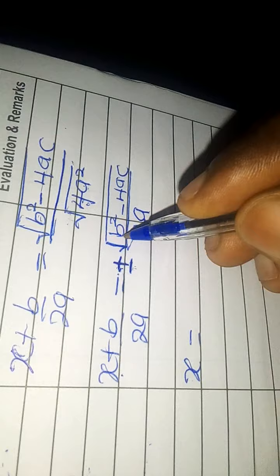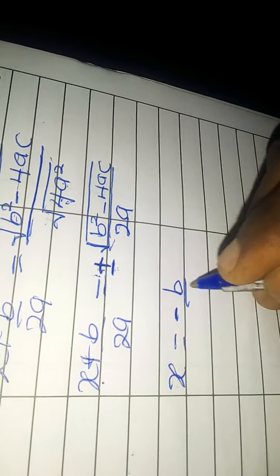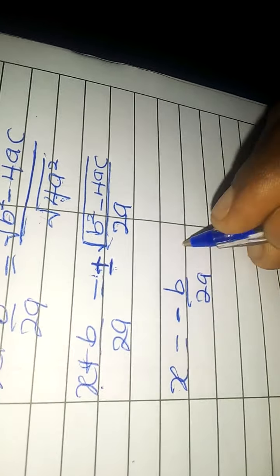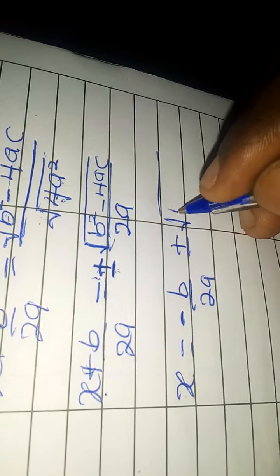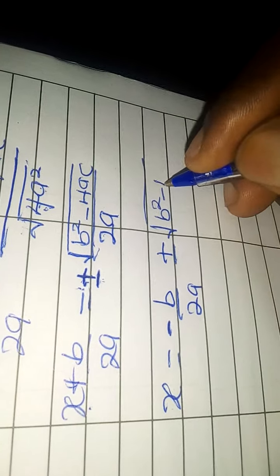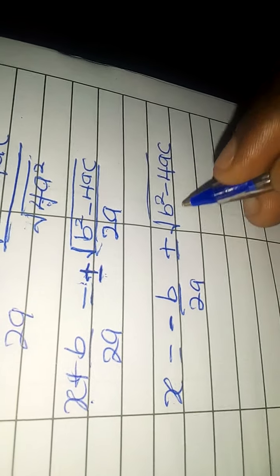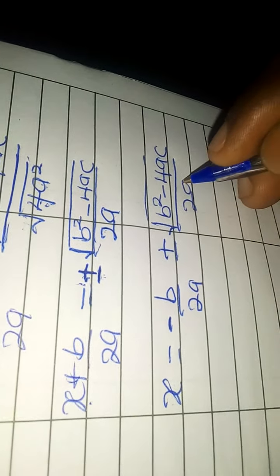So plus will cross the equal sign, giving us minus. Because of this, crossing the equal sign will be minus, and then we have b over 2a plus or minus square root of b squared minus 4ac all over 2a.